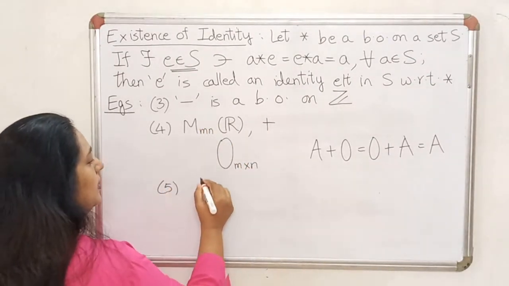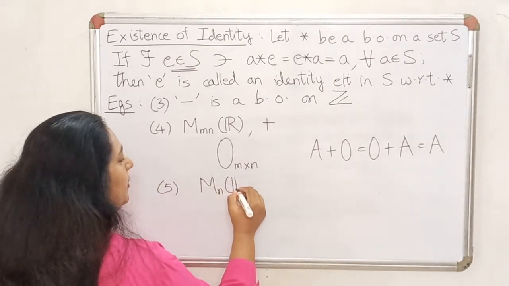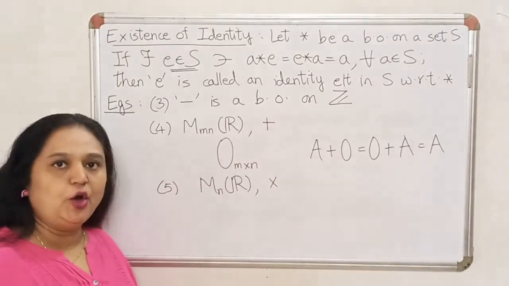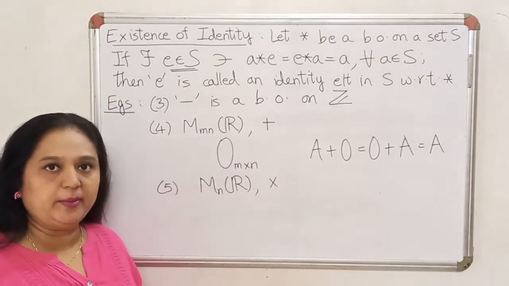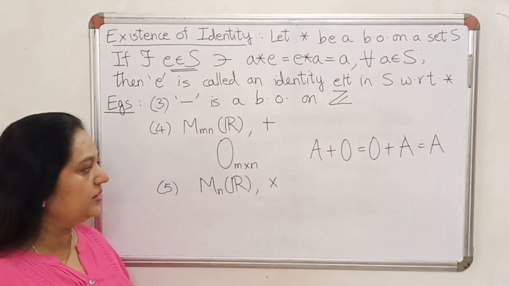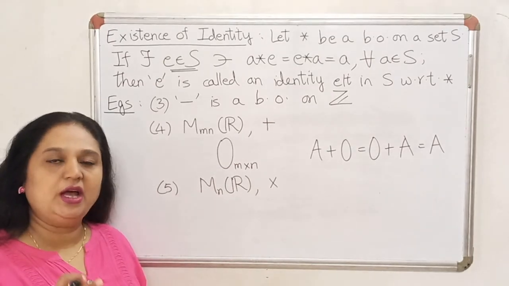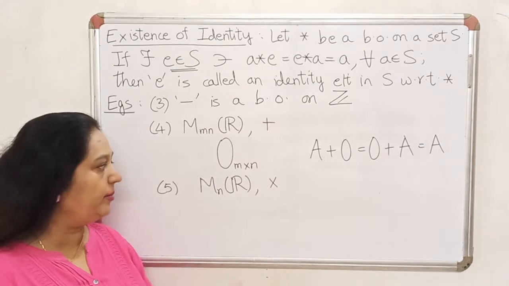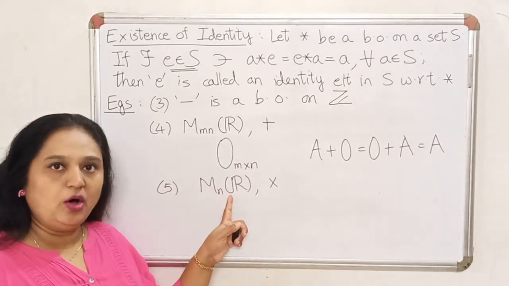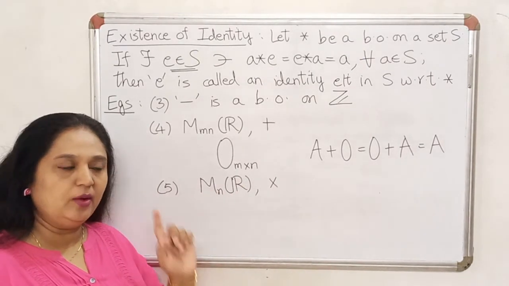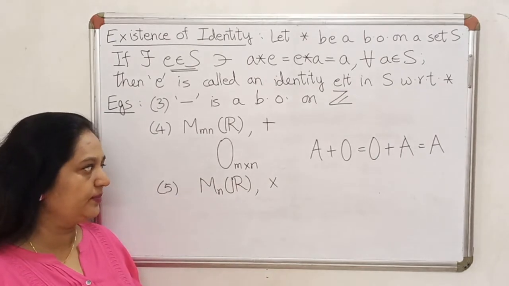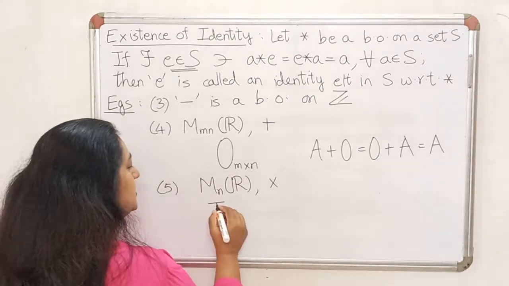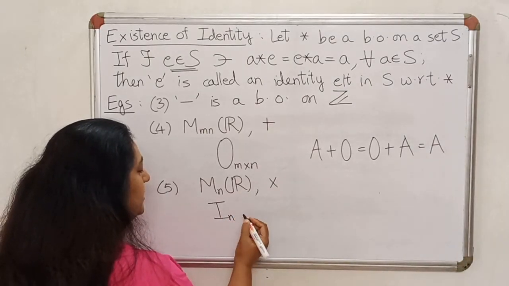Next, we look at the set of all square matrices with real entries, and this time I take the operation of matrix multiplication. With respect to matrix multiplication, again give it a thought. What could be the identity? Remember, elements of this set are all square matrices of order n with real entries. So yes, we have the unit matrix or the identity matrix.